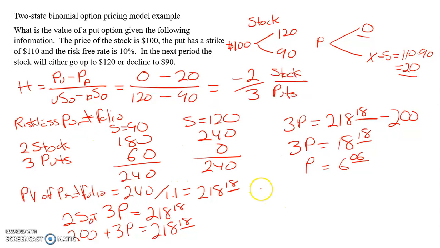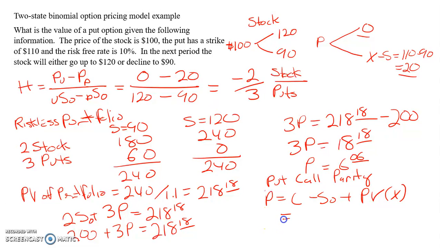And here we can use put call parity to determine if we've accurately calculated the value of our put here. Put call parity tells us the price of the put is equal to the call minus the stock price plus the PV of the strike.